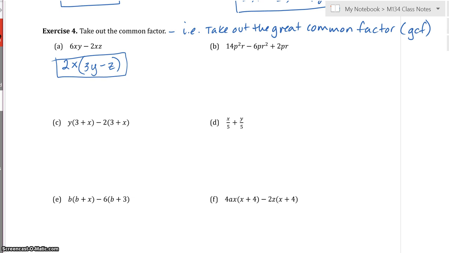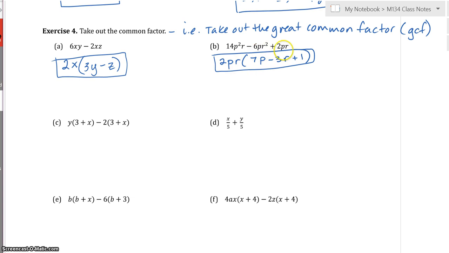So go ahead and try part B if you haven't already done so. Pause this now. Okay, so what's the answer? Did you get this answer? Did you get the 1? A lot of times people will put a 0 there as a common error. So a 2 is common, and you take out everything that's common.